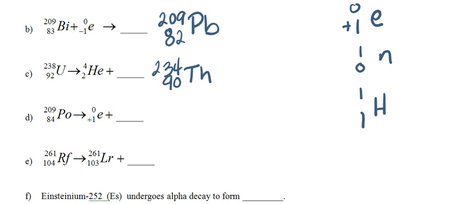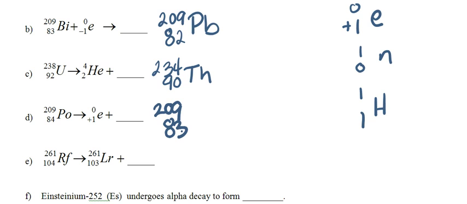All right, so let's look at the next example. Looks like we have not an alpha, but a positron particle that's ejected. You should be able to also verbalize these and say what's happening, not just be able to find what it is that we're looking for. Okay, so since we have an 84 over here and a 1, that means we have to have a proton number of 83, and the mass is still going to be 209.